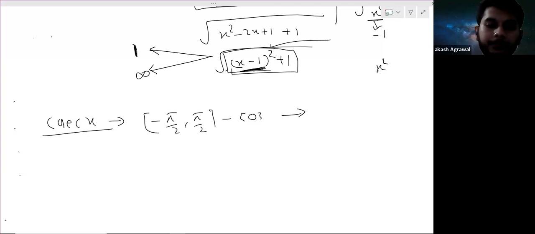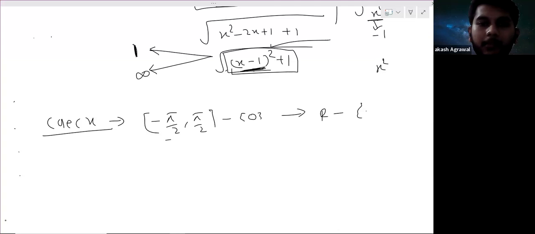And range? Real numbers, minus n pi, n pi. No.